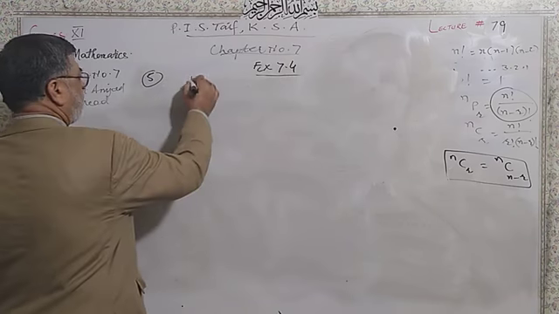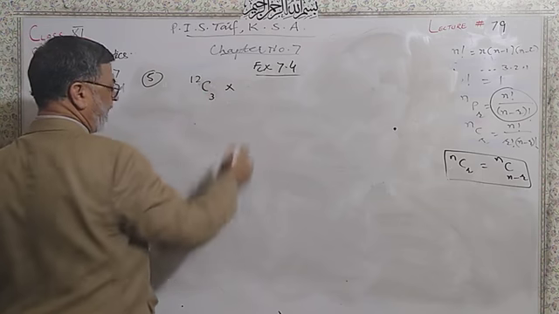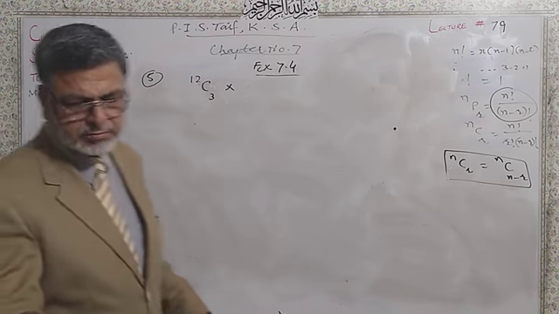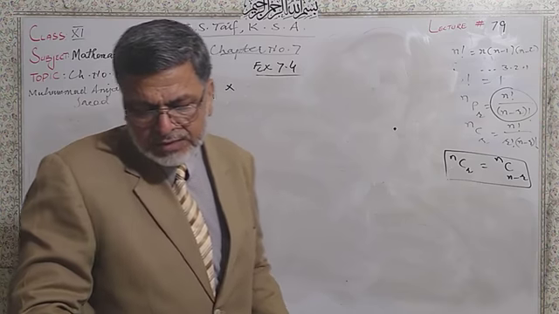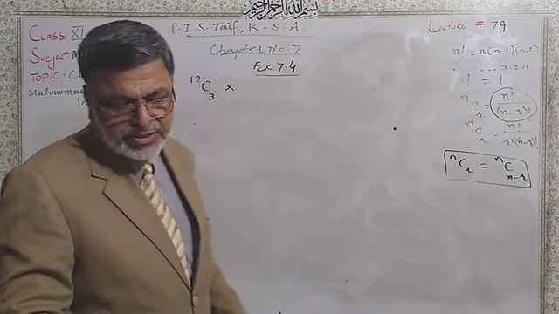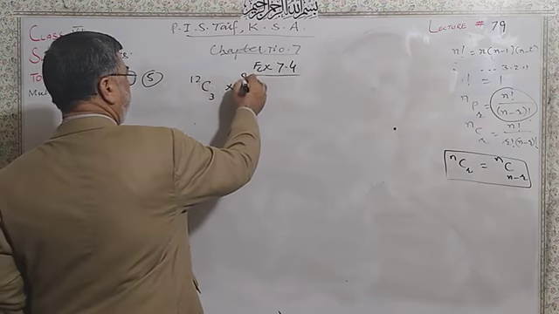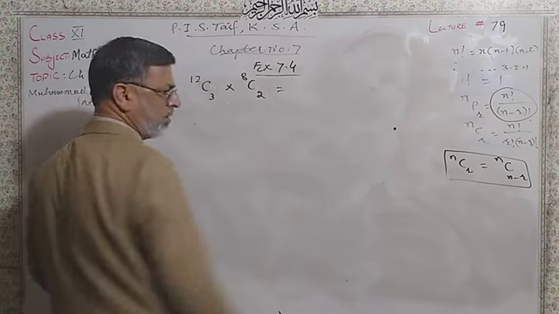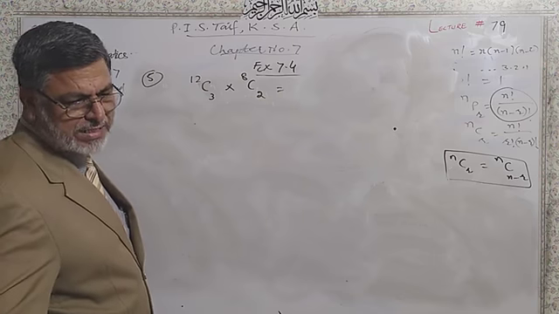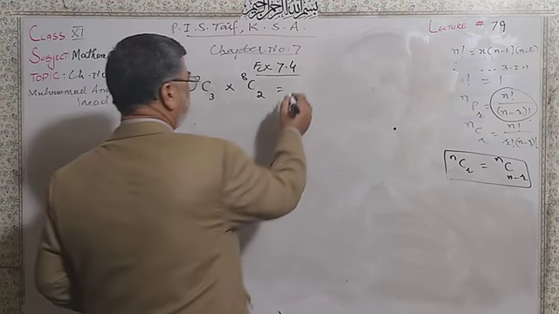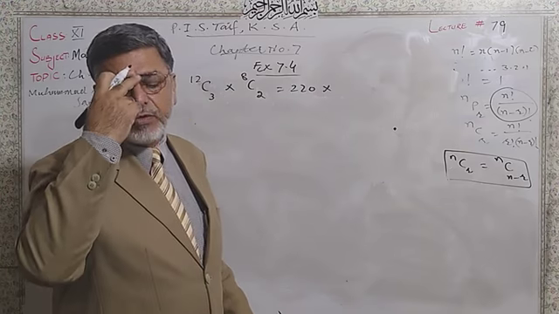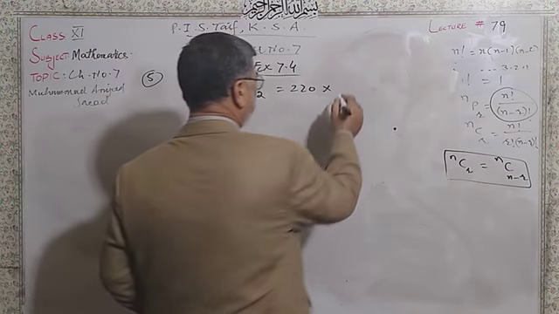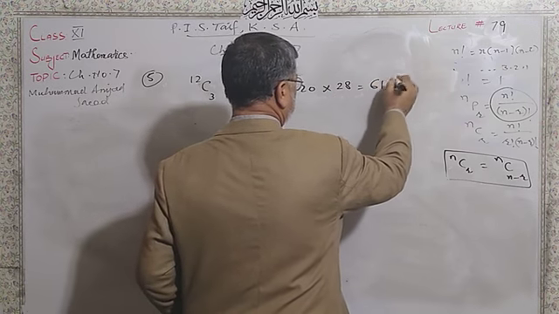So out of 12 we are taking 3, 12C3, and there are a total of 8 girls. 2 girls will be in the committee, so 8C2. Now you can simplify: 220 multiplied by 28, 6160.